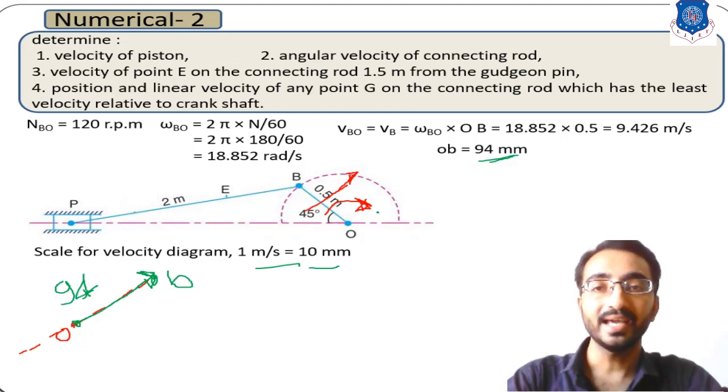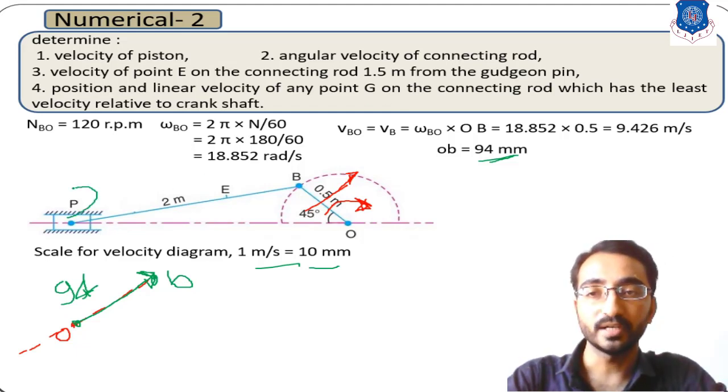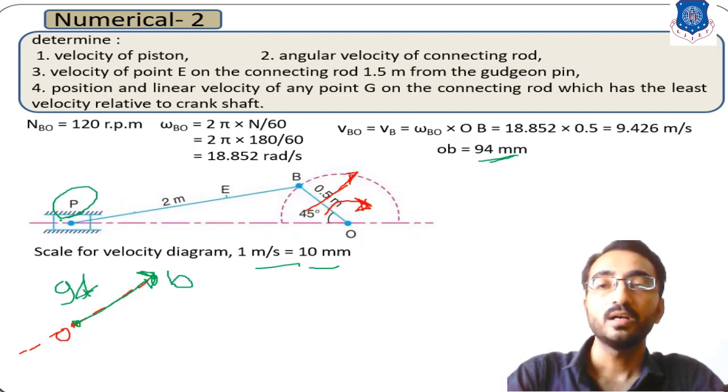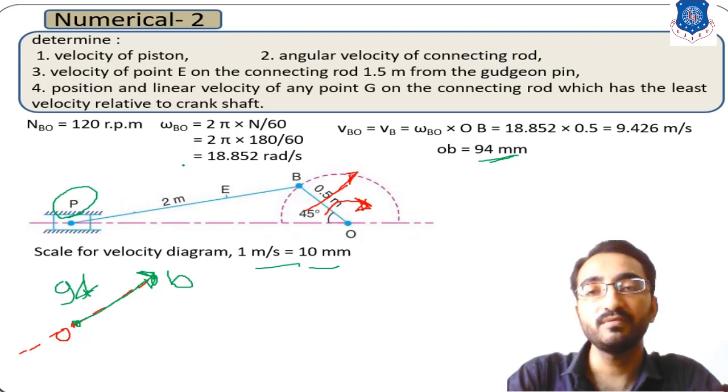Okay, now next point, that is your piston point. So now to draw this piston point we have to consider one basic rule, that the velocity will be perpendicular to the line PB.